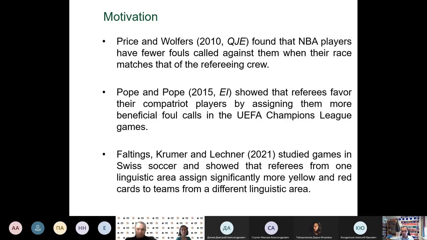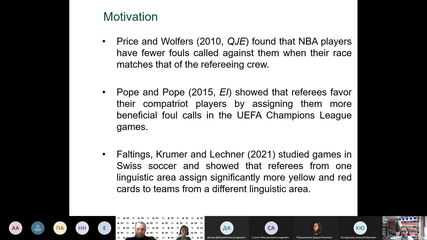In the same way, Pope and Pope in 2015 showed that referees favor their compatriot players by assigning them more beneficial calls in UEFA Champions League games. For example, if a Russian referee referees a game of Atalanta where there is a Russian player, he will give more fouls in favor of Atalanta. That's the only team, if I remember correctly, in Champions League with a Russian player.